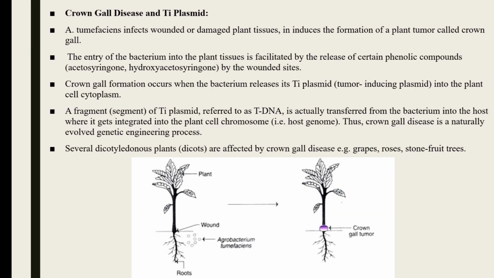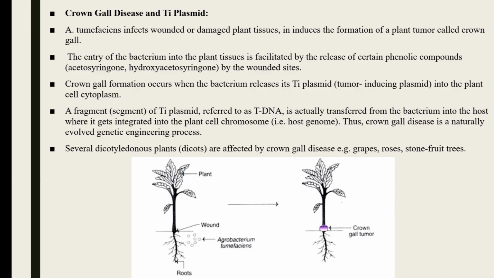How tumefaciens cause crown gall disease? Agrobacterium tumefaciens infects wounded or damaged plant tissues and induces the formation of a plant tumor called crown gall. The entry of the bacterium into the plant tissues is facilitated by the release of certain phenolic compounds like acetosyringone, hydroxyacetosyringone, by the wounded sites.